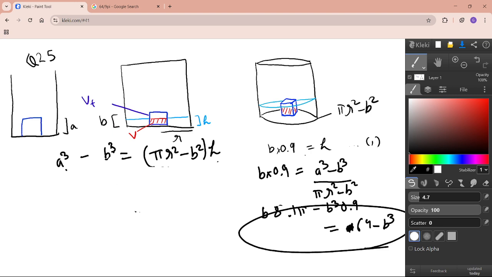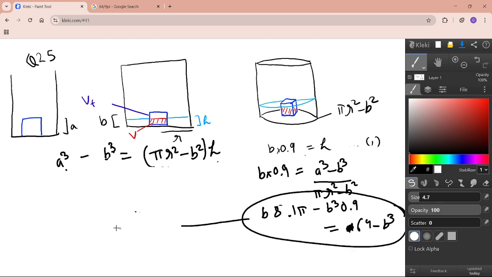It's not our concern to solve it. When the students solve it, they'll get B is equal to 2.48, which is wrong. Assume it's 2.4, but it's still wrong by 0.2 centimeters. And it's a lot.